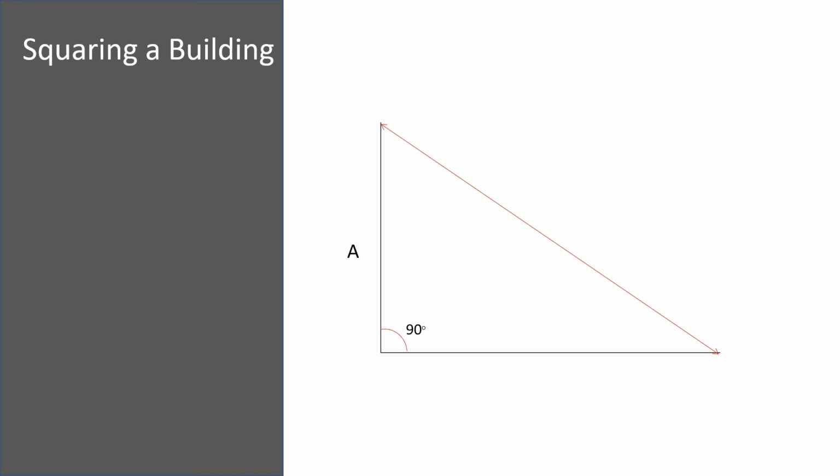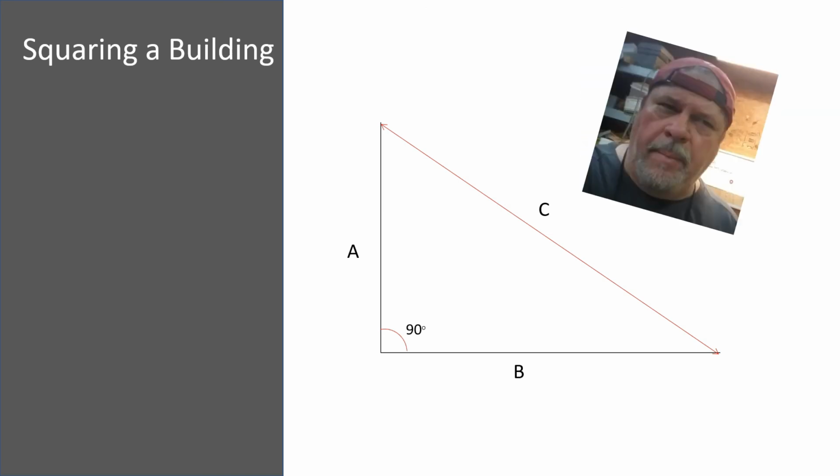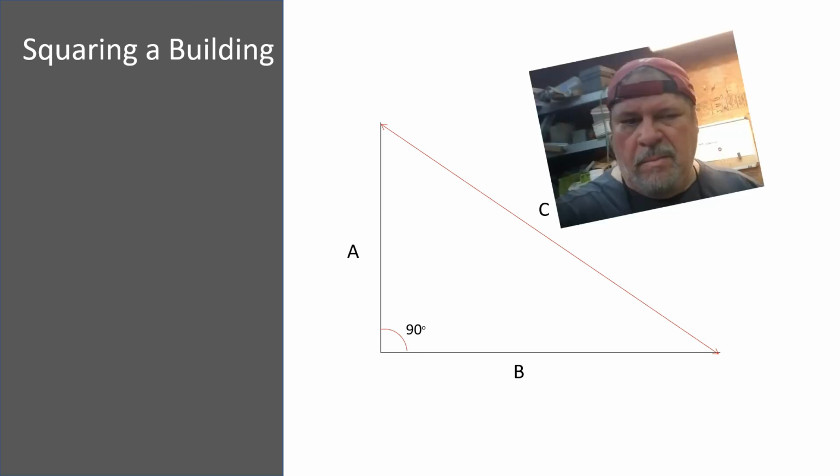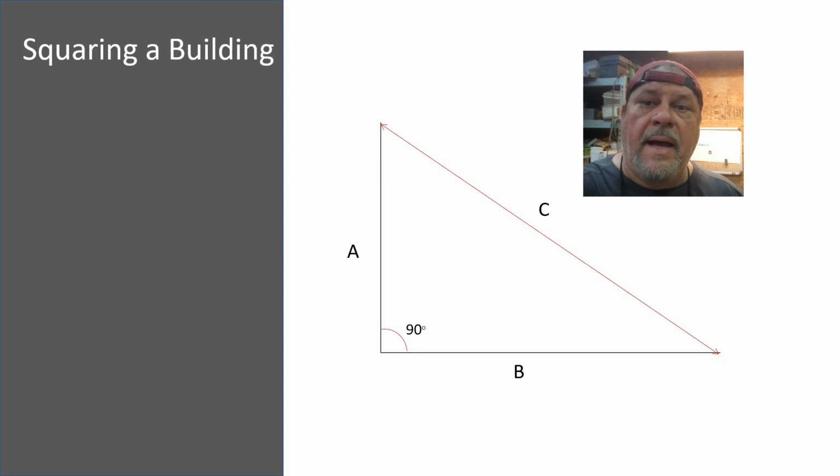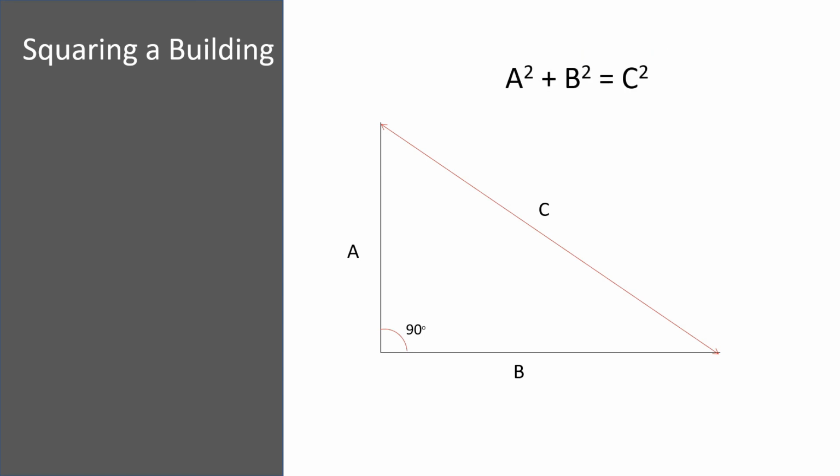And if I knew this measurement and I knew this measurement, how could I figure out how to get this measurement? I got thinking about it, and I was thinking hard, and I came up with this formula, and it just worked perfectly.